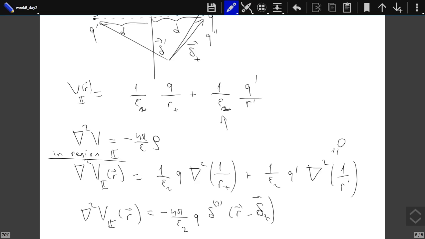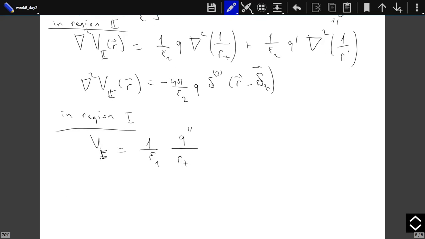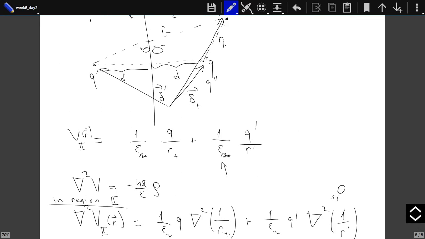Also, if you just take the other limit that epsilon goes to infinity, you see when epsilon 1 goes to infinity, V1 should be 0. And if we have this 1 over epsilon 1, that's a guarantee. When epsilon 1 goes to infinity, V2 should still have these two terms, both the first one and the second one.